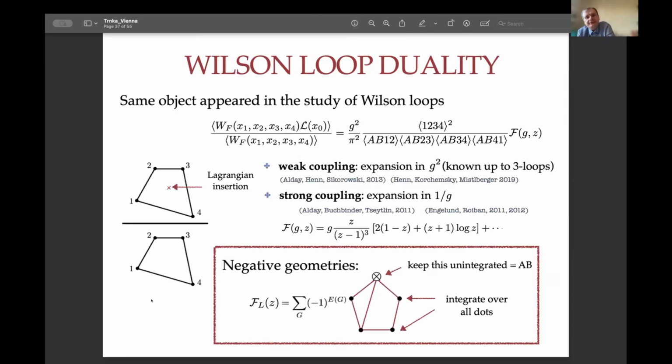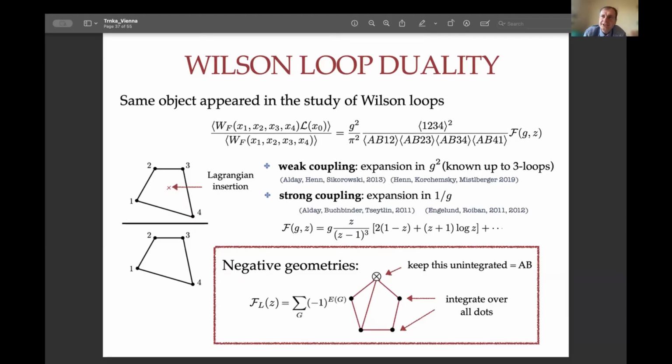Okay, actually this object has other interpretation, not just in terms of amplitudes, but also in terms of Wilson loops. There is a duality between amplitudes and Wilson loops, where expectation values of null polygonal Wilson loops are dual to scattering amplitudes in planar n equals 4 superangles.